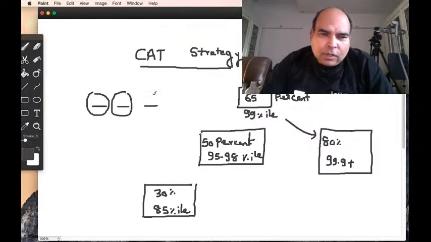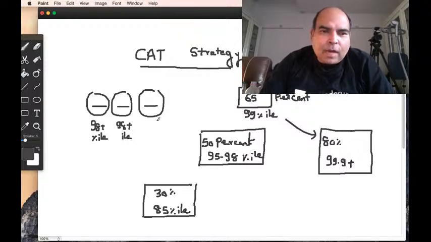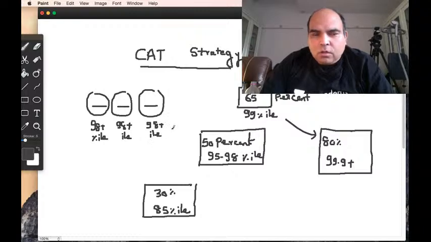One of the things that you need to understand about CAT prep is that if you can score 98 plus percentile in each of the 3 sections, you need to achieve balance, because if you can score 98 plus percentile in each of the 3 sections, you automatically end up scoring 99.5 plus overall.